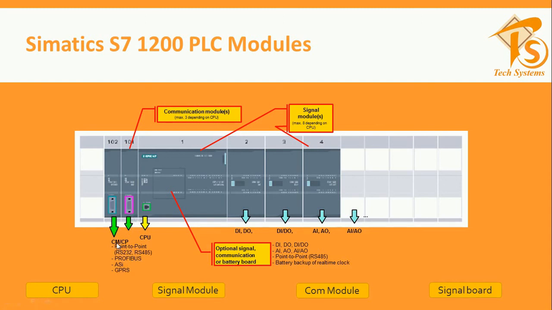Somebody calls it CM and someone calls it CP, but both are the same. And these are the different types of modules for communication: point to point, RS232, RS485, Profibus, ASI, and GPRS. And also some limitations are there. Maximum you can use 3 communication modules, and maximum you can have 8 signal modules, but it depends on which PLC you have selected.